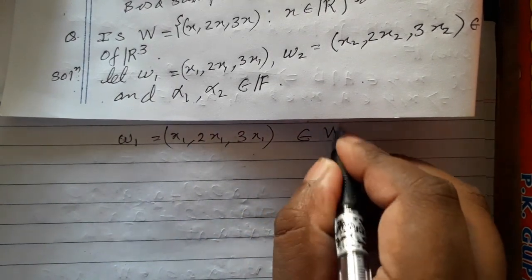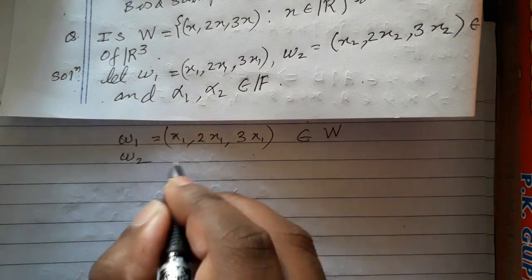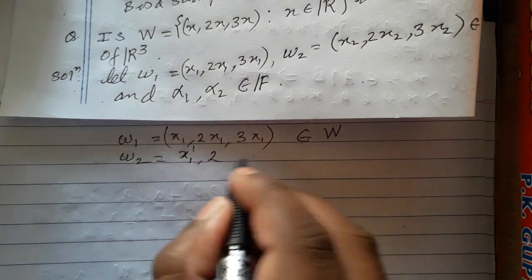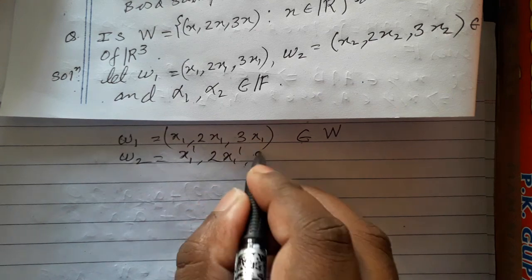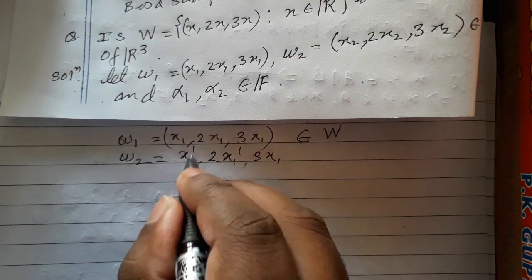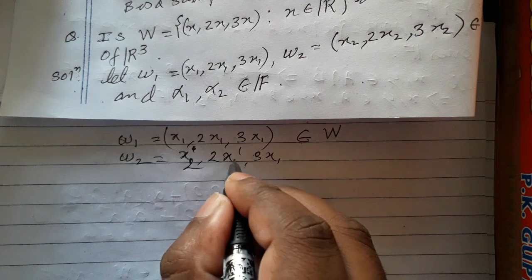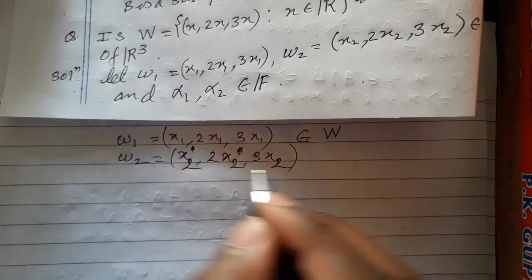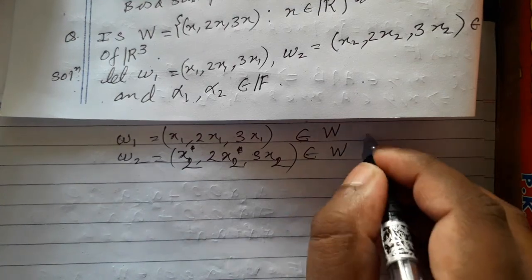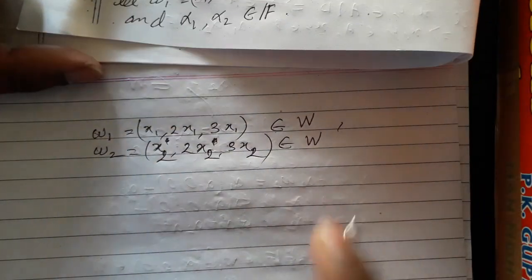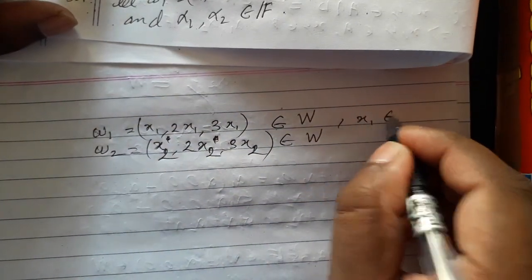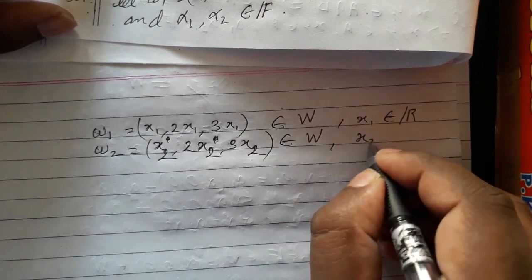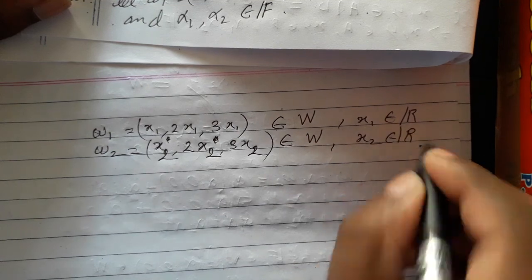So this I'm taking in W, and W2 also I'll take as x2, 2x2, 3x2. This belongs to W, where x1 is a real number, as well as x2 is also a real number.